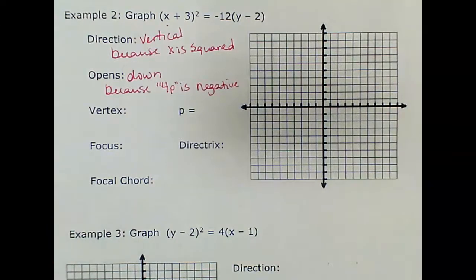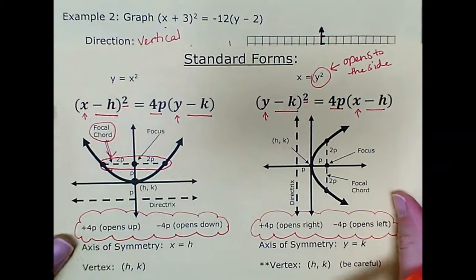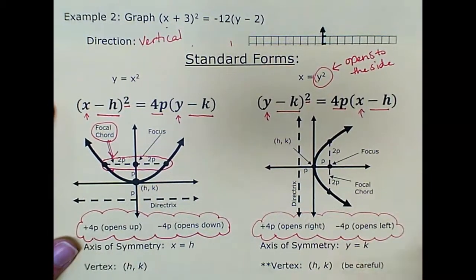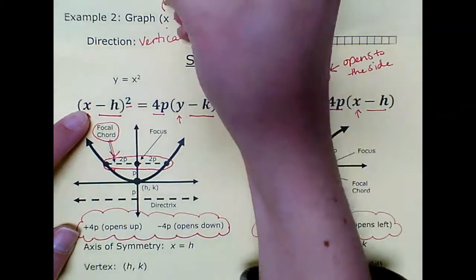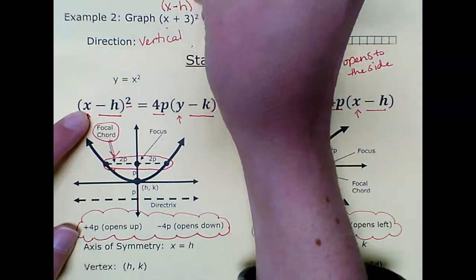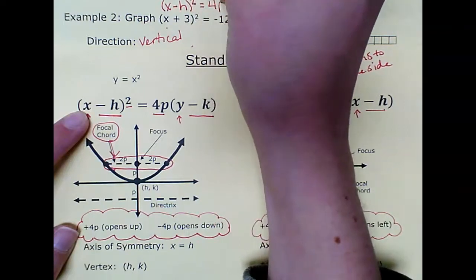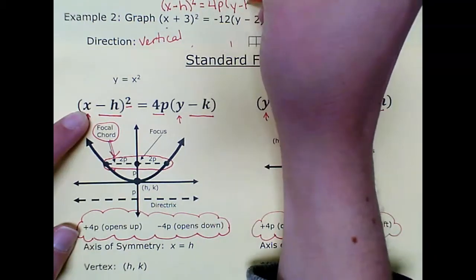I need to start understanding my vertex and p and focus and directrix, so I need to make sure that I write the correct standard form of a parabola that's opening vertically. So (x − h)² = 4p(y − k).